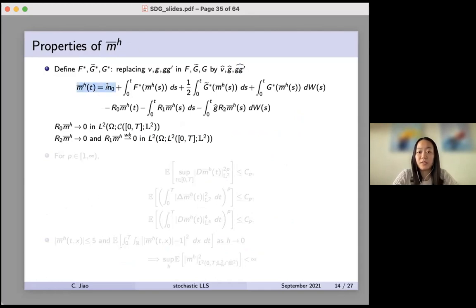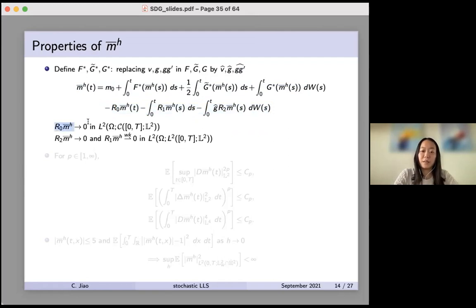It is very similar to the stochastic LLS equation, except now we have the remainder terms. If instead of m bar we have m hat here, then we wouldn't have these remainder terms, because m hat, being the piecewise constant interpolation, will satisfy an equation in a similar form to the discretized equation. So these remainder terms can essentially be seen as the difference between m bar and m hat.